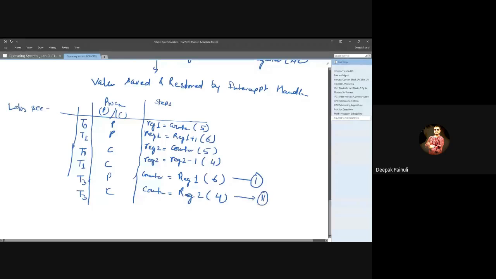So after these transactions, let's say this is happening at time t0, time t1, time t2, time t3, time t4, time t5, time t6.